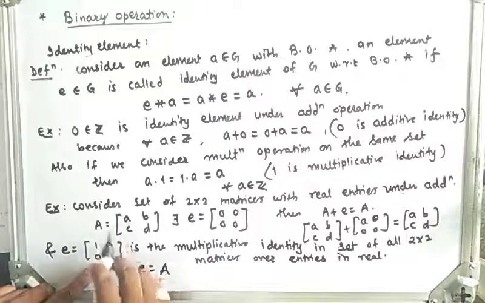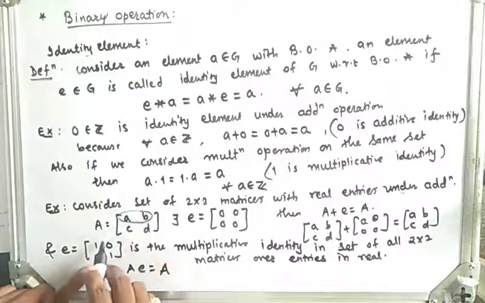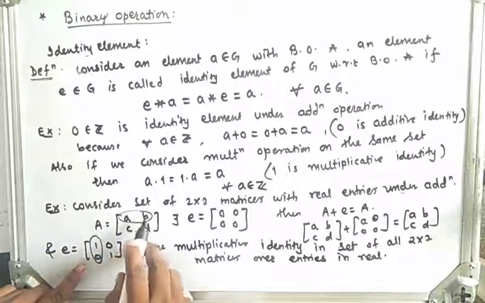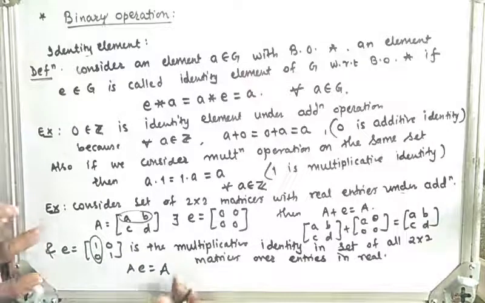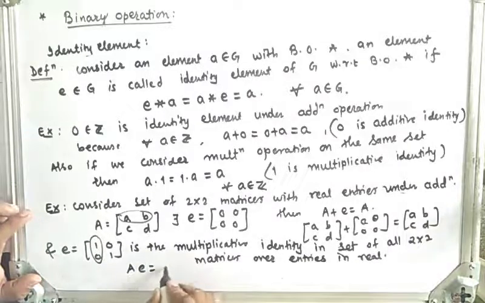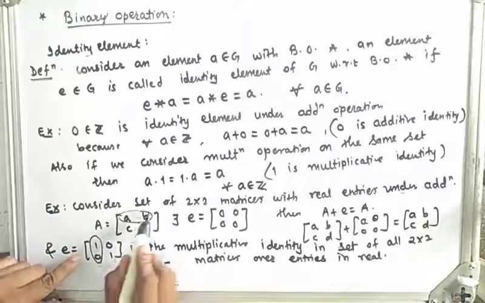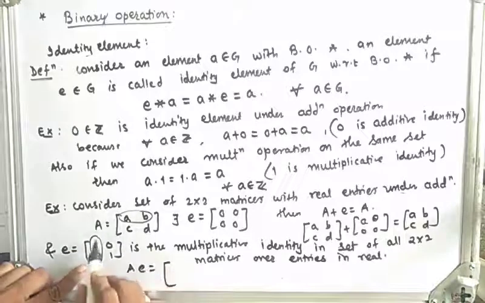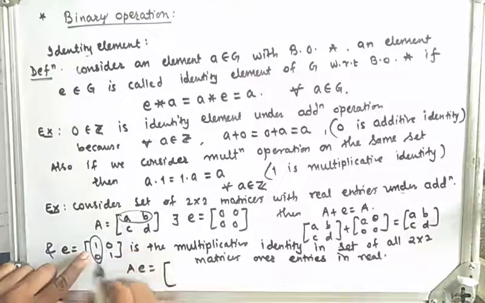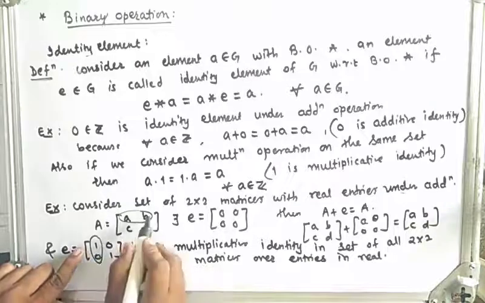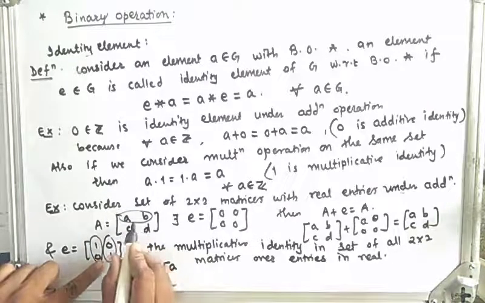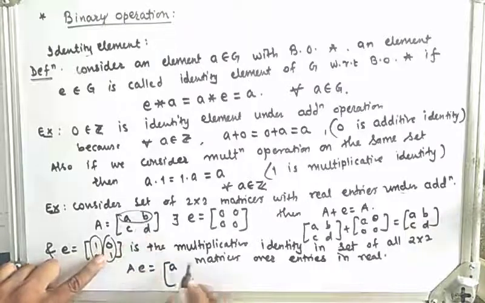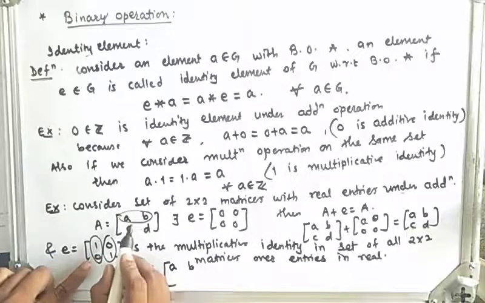After taking the multiplication, A into E: the first row times the first column gives a into 1 plus b into 0, which is a. First row and second column: a into 0 plus b into 1, which is b.